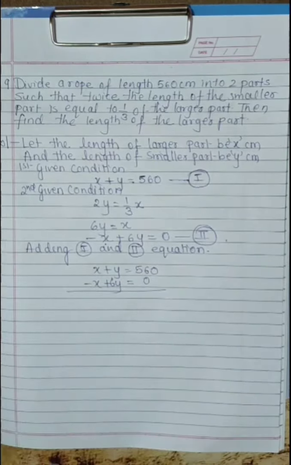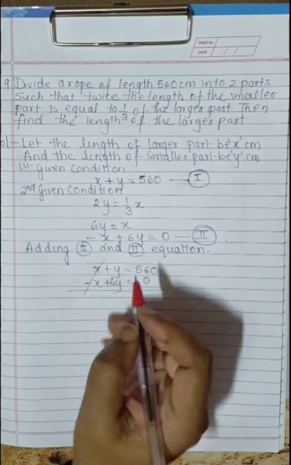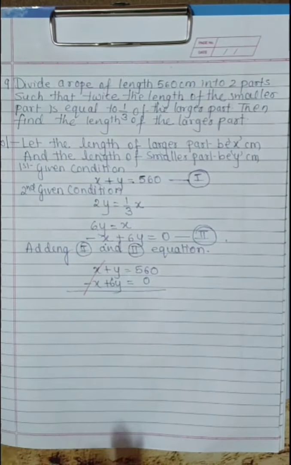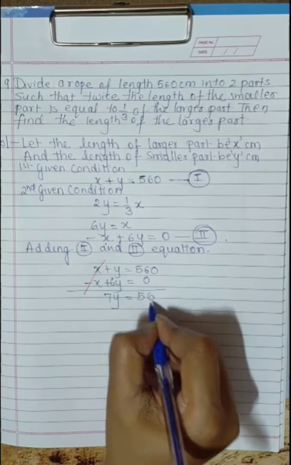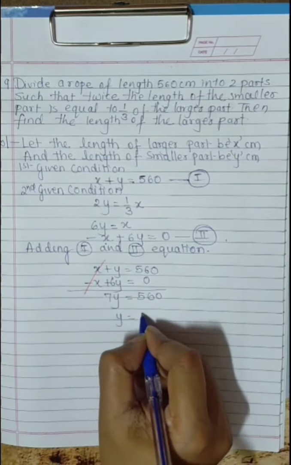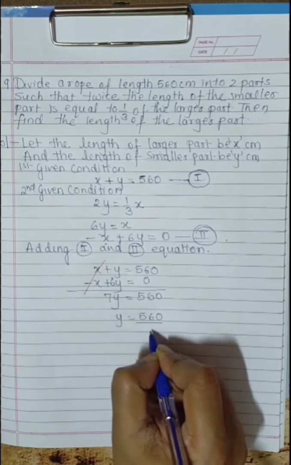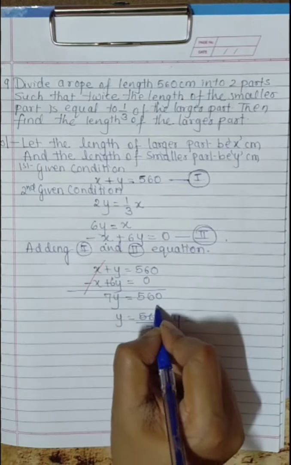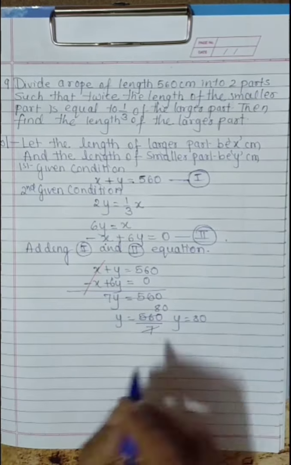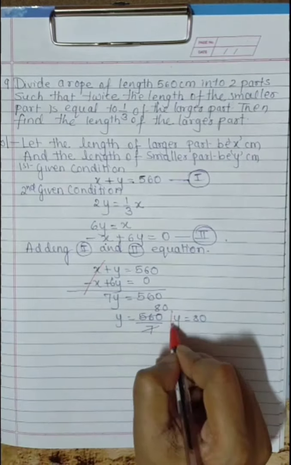Now here plus and minus x will get cancelled. Okay, 7y equal to 560, y equal to 560 upon 7, and y is equal to how much? 80 will come. Value of y is 80.